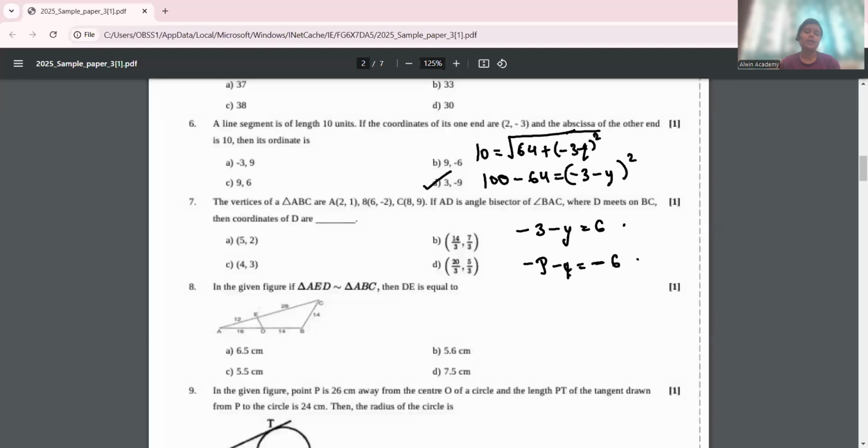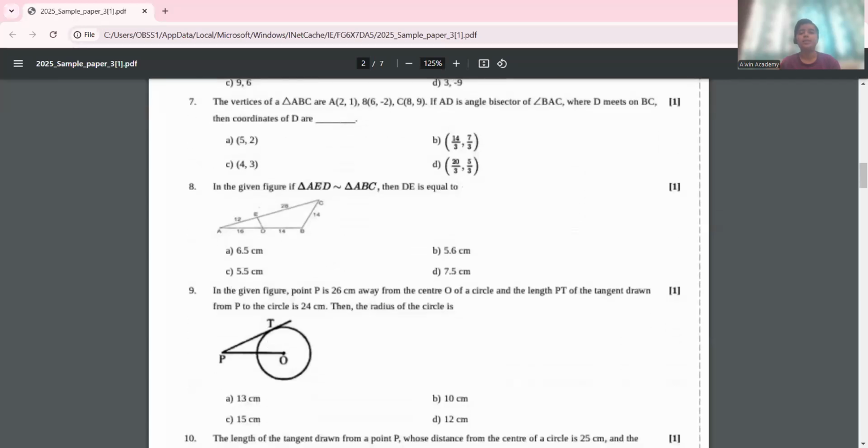Moving to the next question, the vertices of a triangle ABC are this, and AD is the angle bisector.